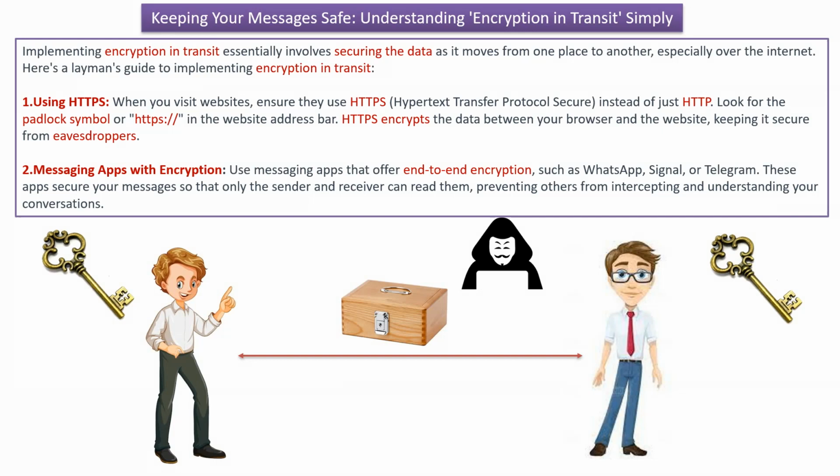The second point is messaging apps with encryption. Use messaging apps that offer end-to-end encryption, such as WhatsApp, Signal, or Telegram. These apps secure your messages so that only the sender and receiver can read the messages, preventing others from intercepting and understanding your conversations.